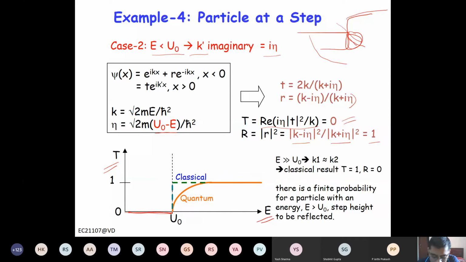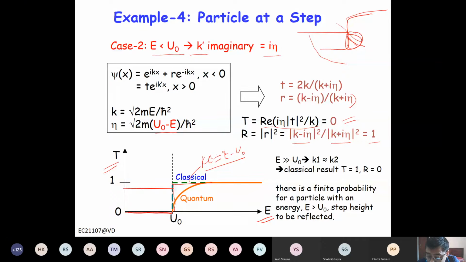Clear? Okay. If energy is greater than U, classically it will transmit with whatever is the difference, right? With that kinetic energy, so kinetic energy KE is equal to E minus U naught. With this energy, the electron will go through, classically.